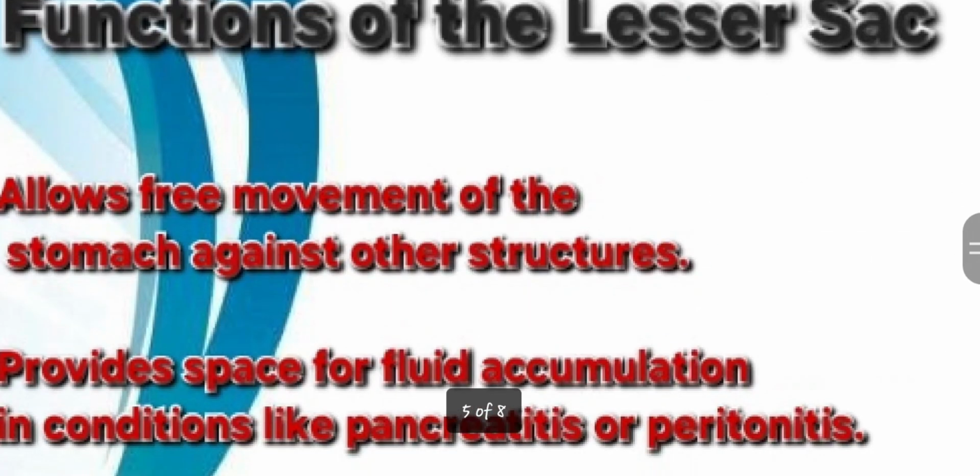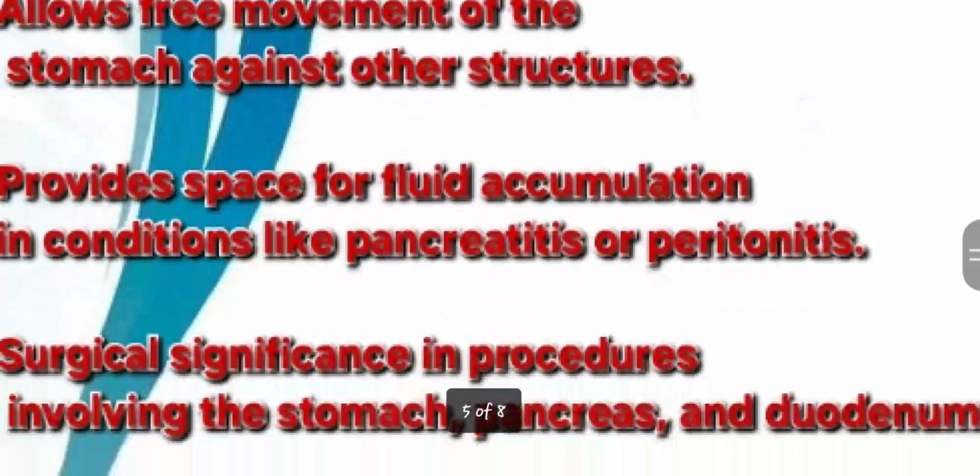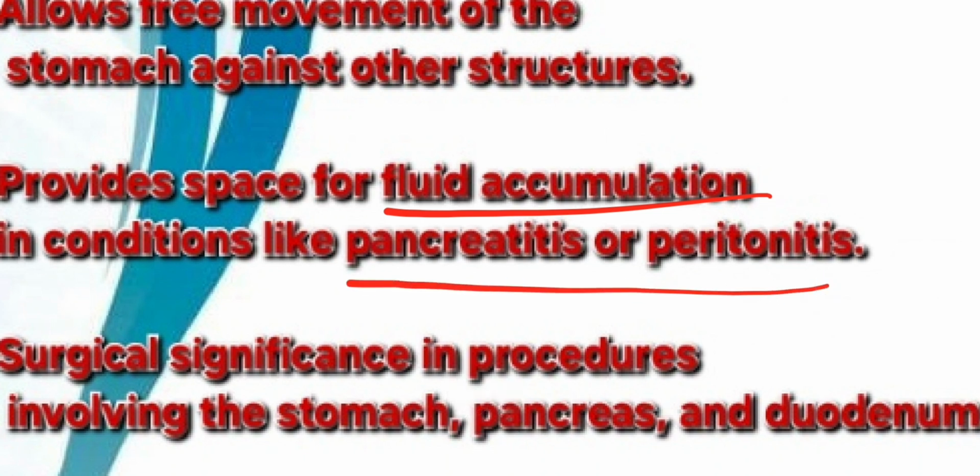Coming to the function of the lesser sac, as I said, it allows free movement, and it provides space for fluid accumulation. In upcoming slides I will tell you about peritonitis. As the name ends in -itis, it indicates inflammation.